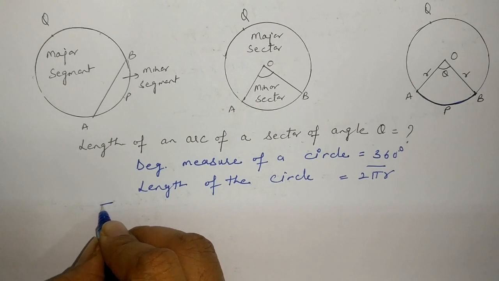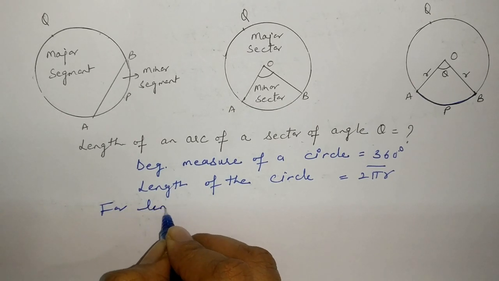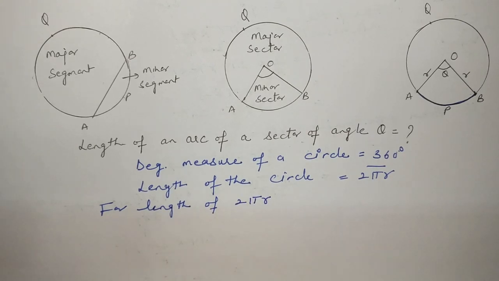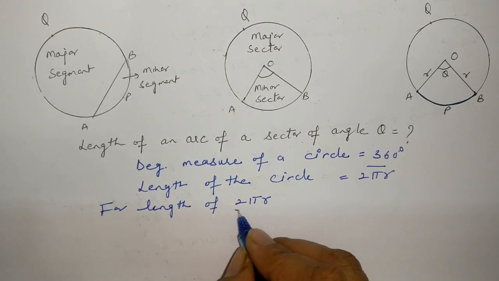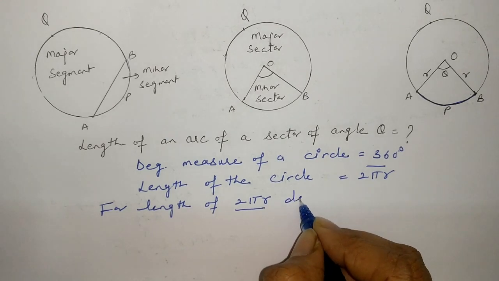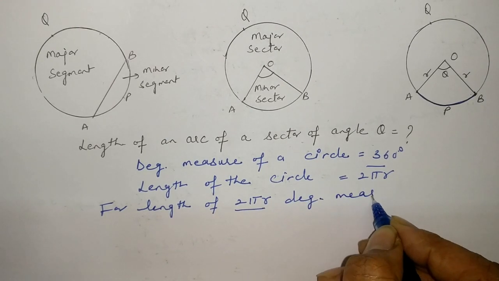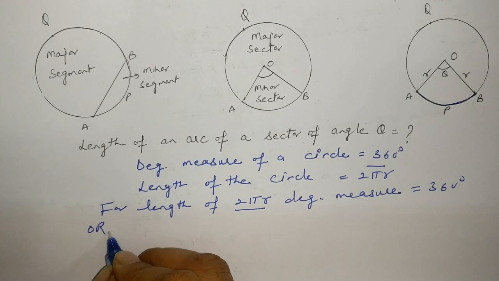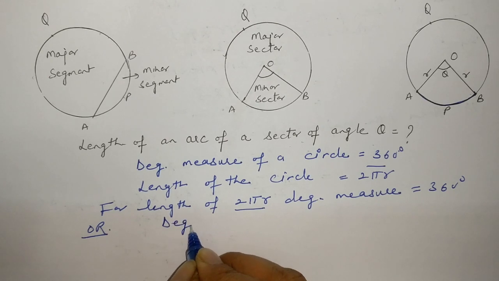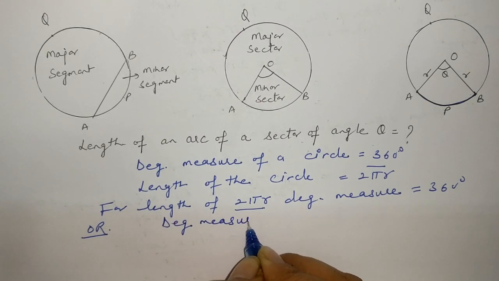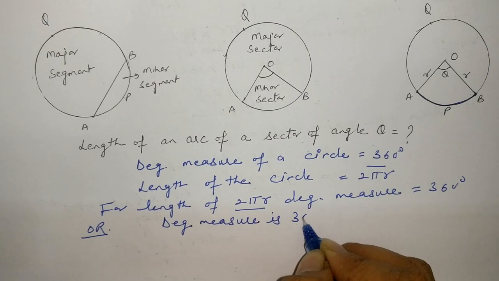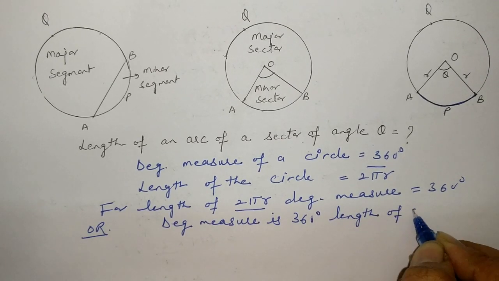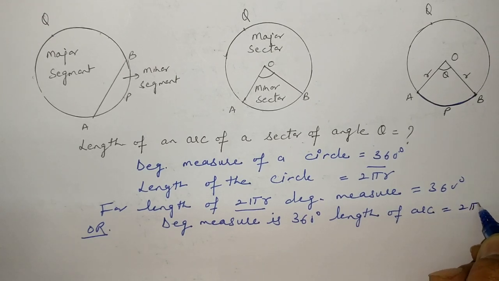Now if you see, for a length of 2 pi r, the degree measure is 360. If the degree measure is 360, the length of arc is 2 pi r.